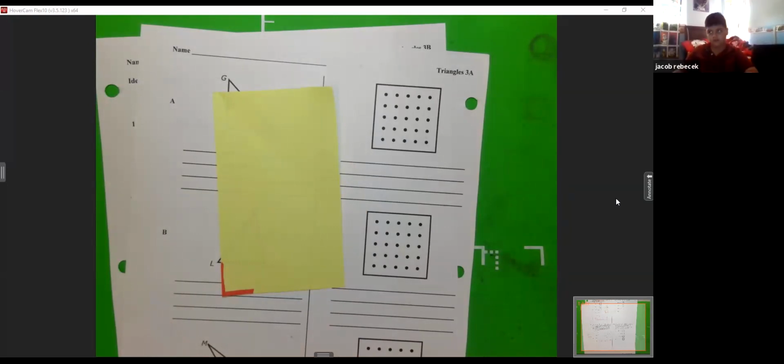Obtuse. You're close. Yes, it's obtuse. Obtuse is kind of like big, like obese. And acute is tiny and small. Think of a cute baby.